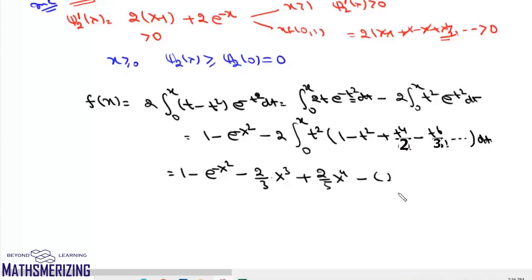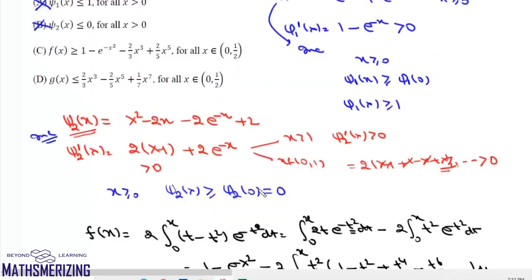So this function will always be less than or equal to 1 minus e to the power minus x square minus 2 by 3 x cube plus 2 by 5 x to the power 4. That means this option C is also incorrect.